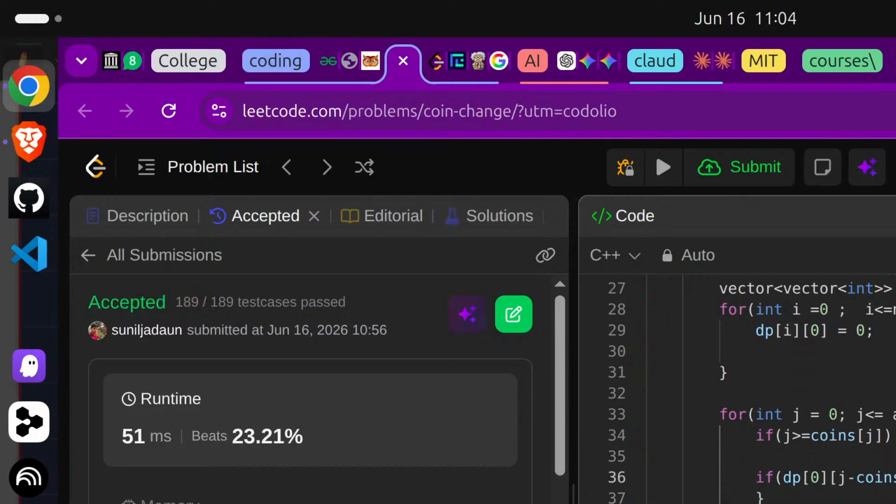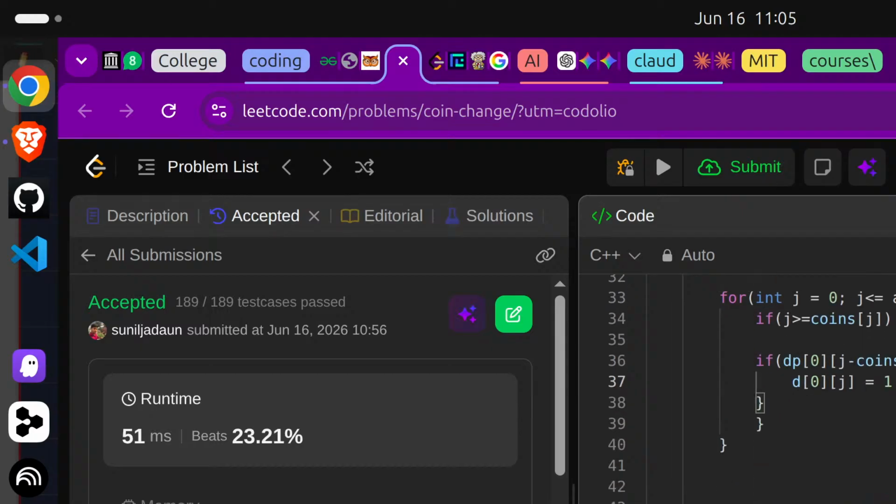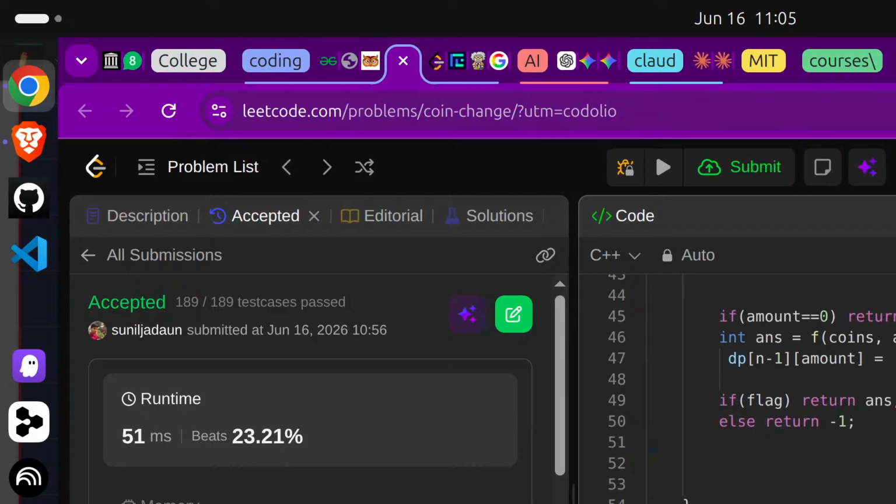Then if it is like this, not equal to, then what can we do? dp of 0 comma j is equal to 1 plus dp of 0 comma j minus coins j. Correct. This is the initialization here, and now we can run this.